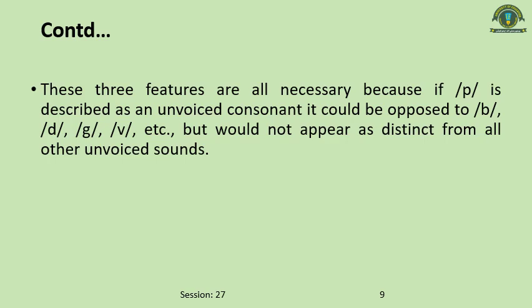So for us, the comparison between p and other consonants such as b, d, g, v: b is a voiced sound, d is a voiced sound, g is a voiced sound, v is a voiced sound. It can be distinguished, right? But there are certain other sounds which are not voiced. So we have to understand the features of p separately. Same is the case with other phonemes.